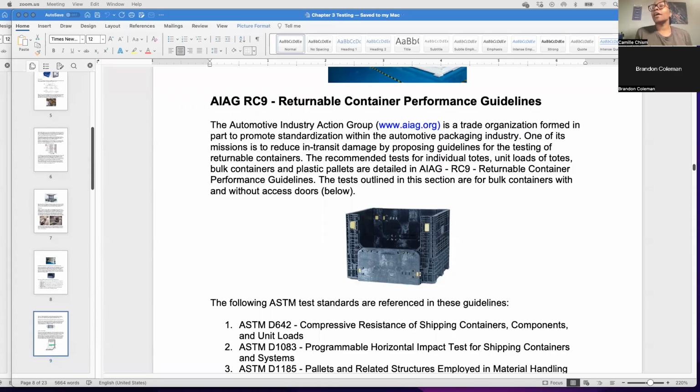All righty. So I just want to review a little bit. AIAG RC9, that is a guideline from the Automotive Industry Action Group. I'm going to click on that link now.